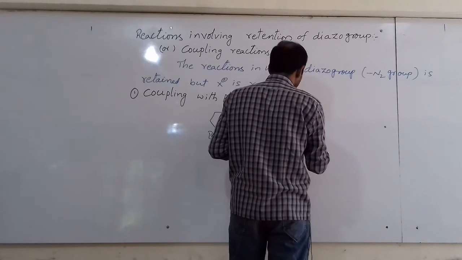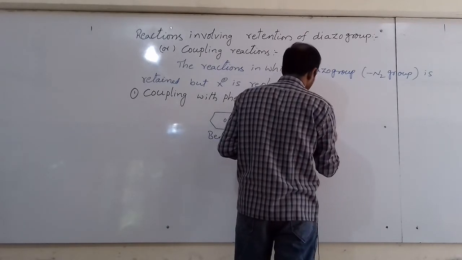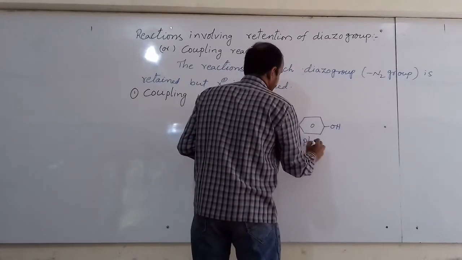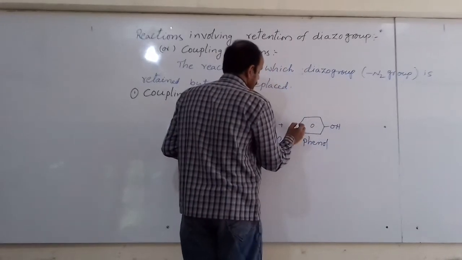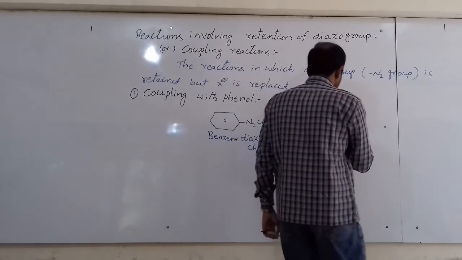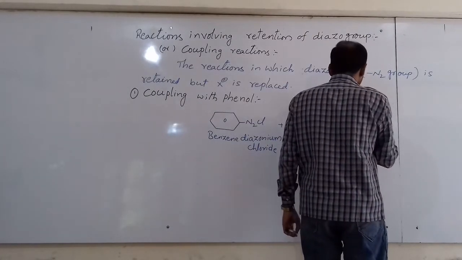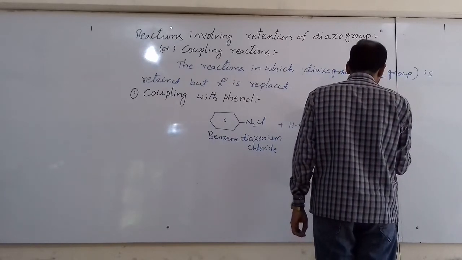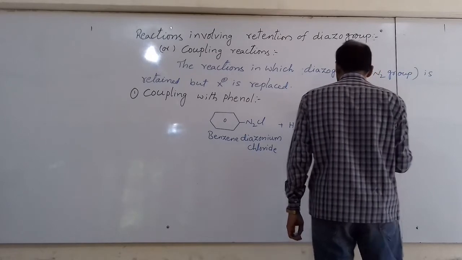Phenol is C6H5OH. This is the phenol. Then here one hydrogen is there now. Benzene diazonium chloride and phenol react with each other in the presence of a weak base, that is pH range is 9 to 10.